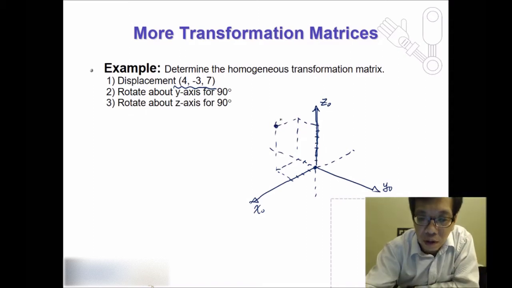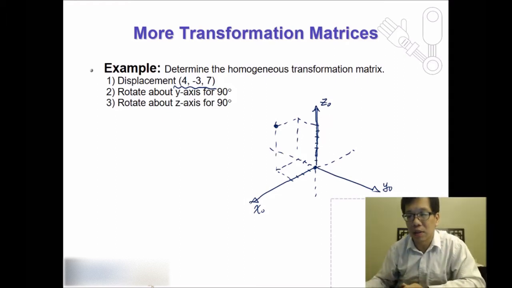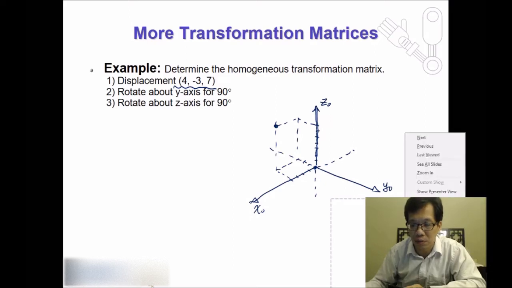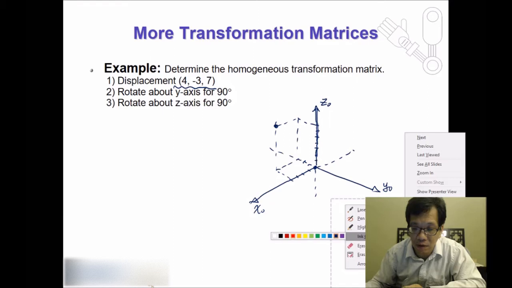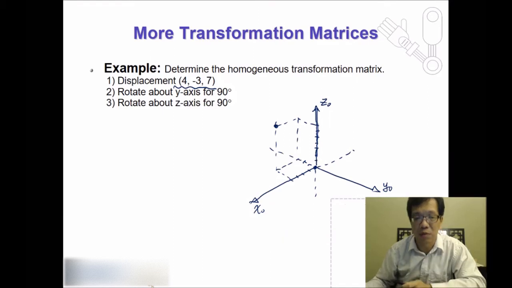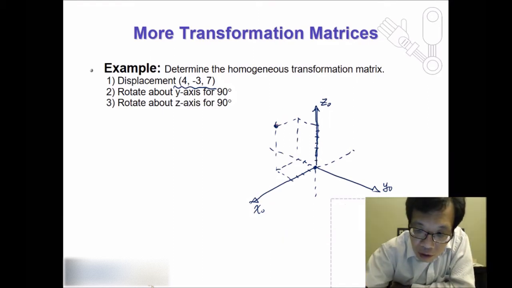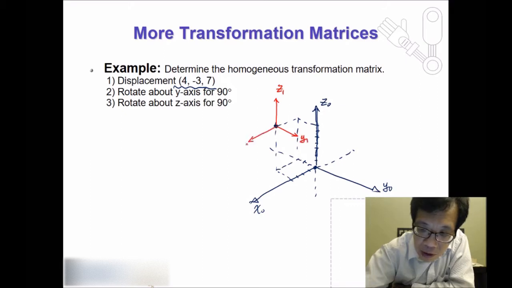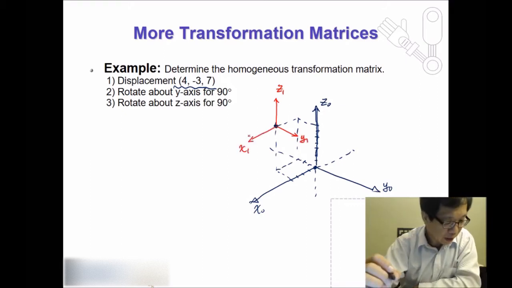So my new coordinate system is going to be moving from x naught, y naught, z naught into this position. Let's change my color so it will be easier for us to visualize what's going on. So I'll have z1, y1, and x1 over here.